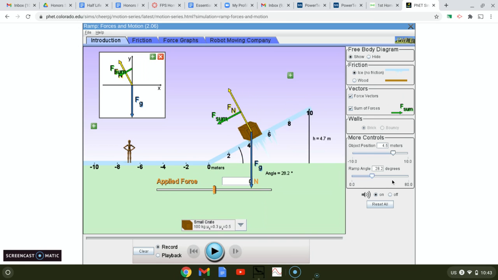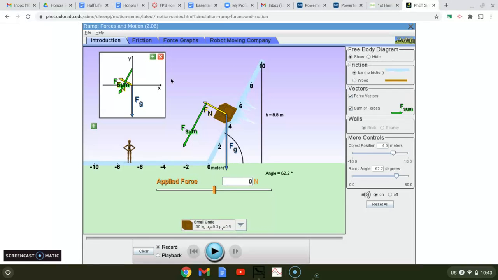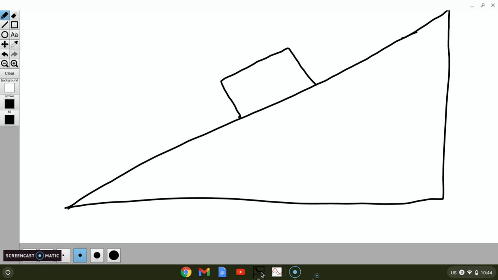If I make the angle very large, the normal force gets smaller and the net force gets much bigger. Either way, the force of gravity stays the same. So the force of gravity is not dependent on the angle. The normal force is a little bit, and we'll show you how we find that in a second.